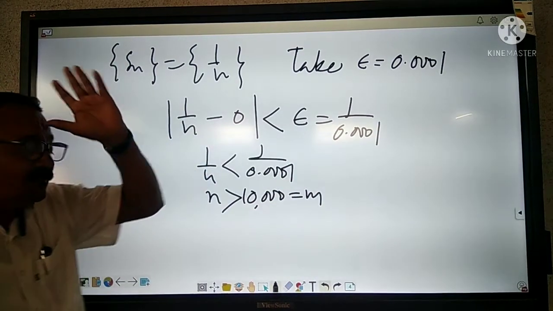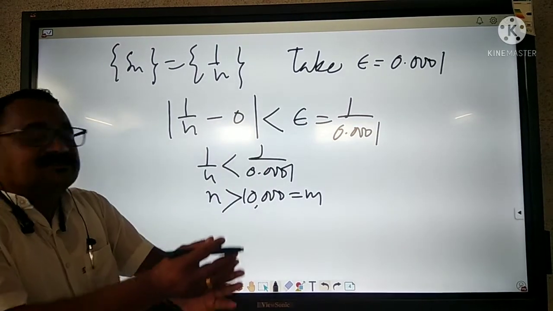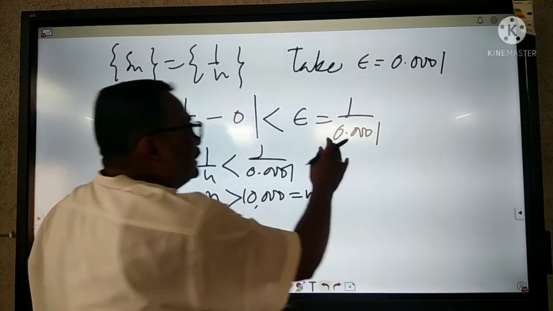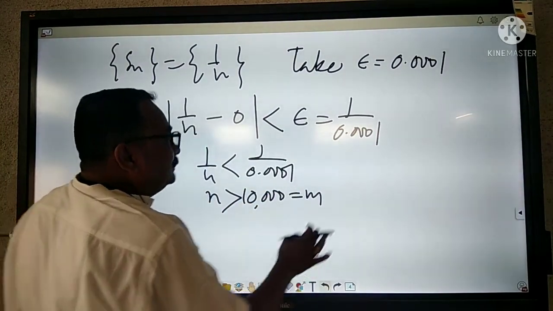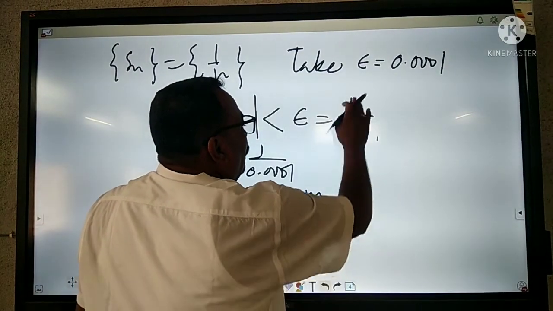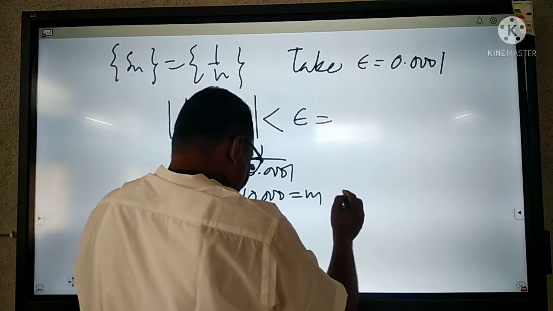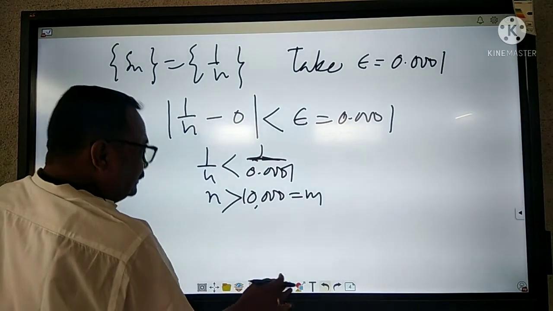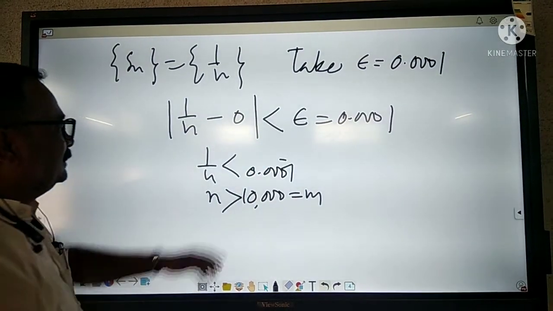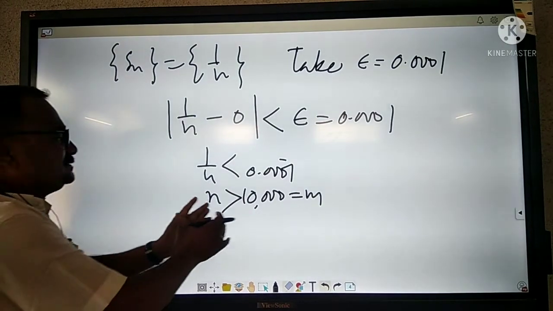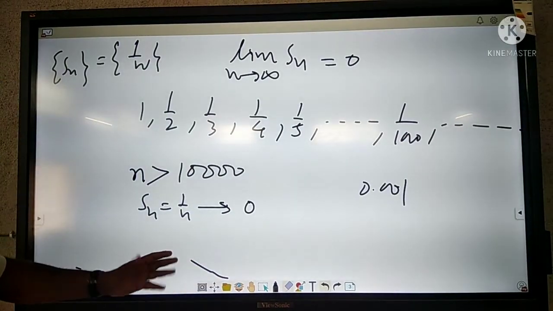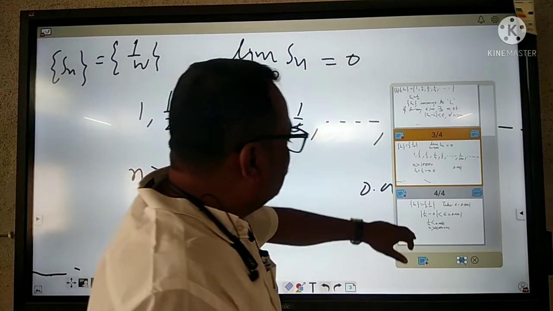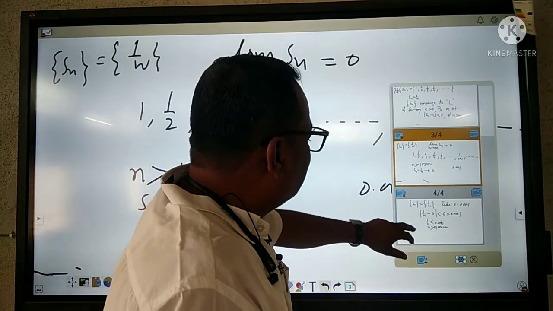For n greater than m, this difference is very small, less than epsilon. Actually there was a mistake earlier, because epsilon we took is 0.0001. So 1 upon n is less than 0.0001 means n is greater than 10,000. Now this is the correct one. So understand it carefully.